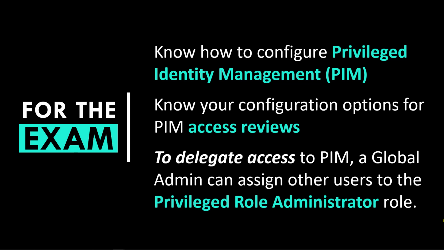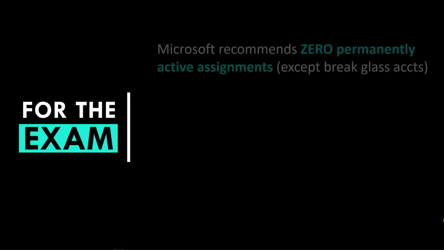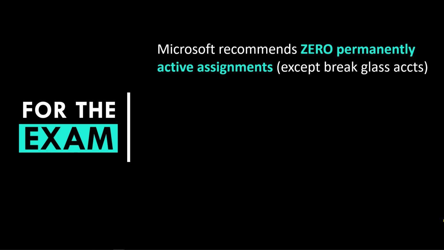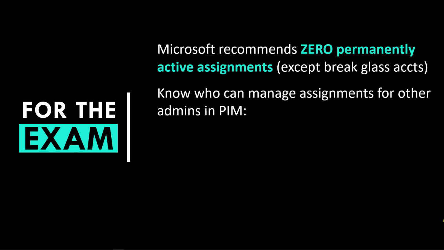Now, to delegate access to PIM, a global admin can assign other users to the privileged role administrator role, just worth mentioning. And know that Microsoft recommends 0 permanent active assignments except your break glass accounts, which should have permanent global administrator role access. So beware of any questions that mention permanent assignments. Those could be distractors.